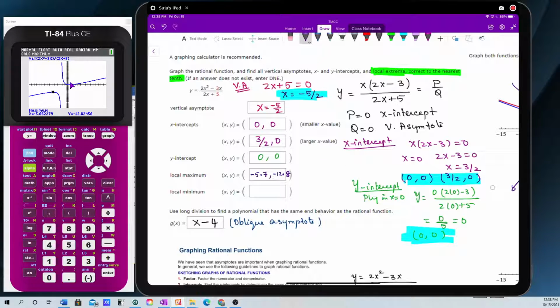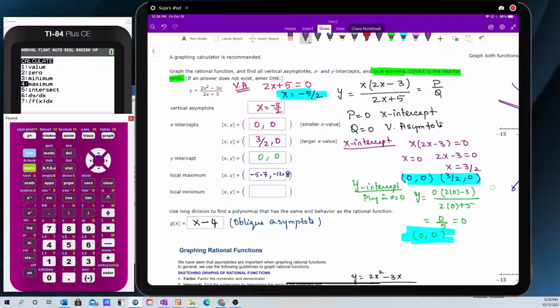Okay, same thing, look for the minimum. So second calc again, go to minimum, enter, use the right arrow, and it will jump to the other piece of the graph. Bring it down a little bit closer, enter, enter again, enter.